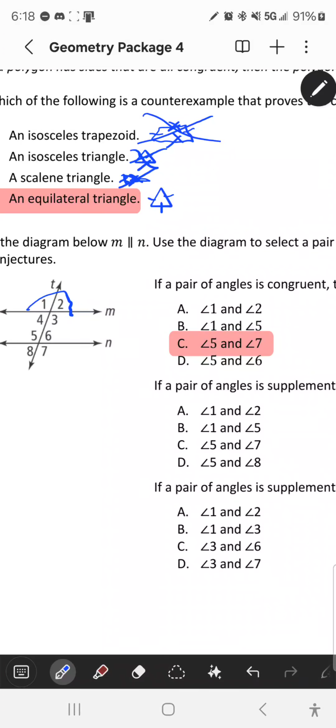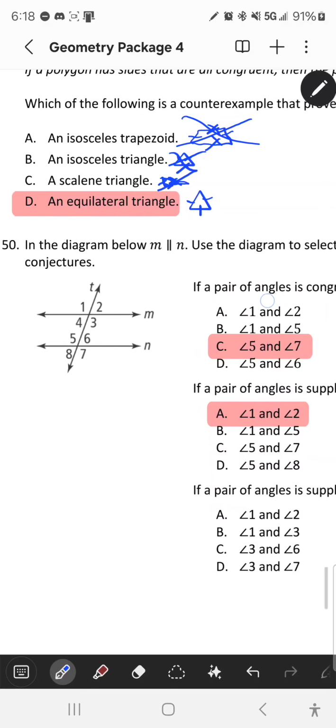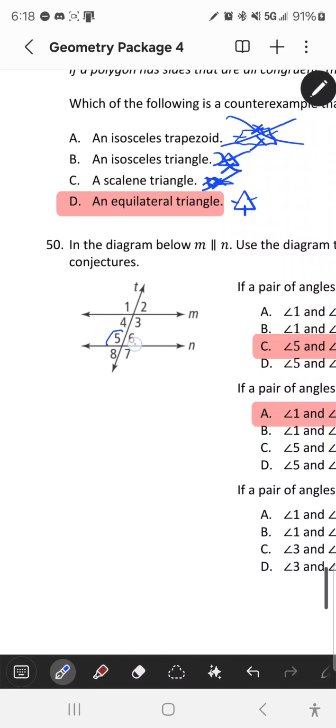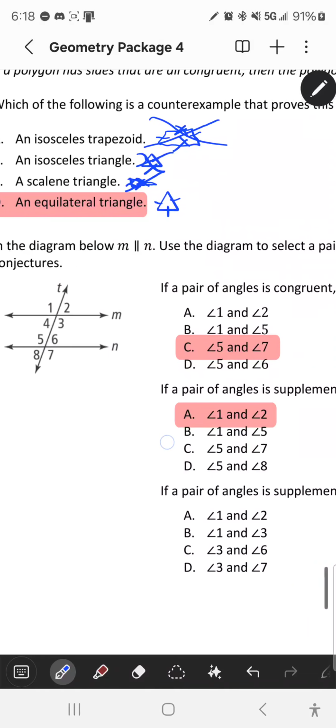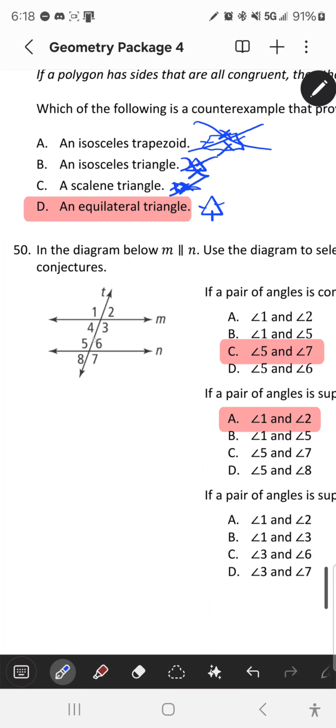They are just a linear pair of angles, both over the same line. So yeah, we just saw our answer. Now let's check the others. 1 and 5, they are corresponding angles. They are not even supplementary. And 5 and 7, they are vertical angles. Now what we're looking for. 5 and 8.